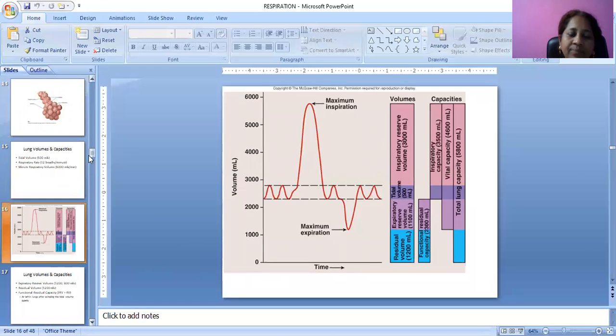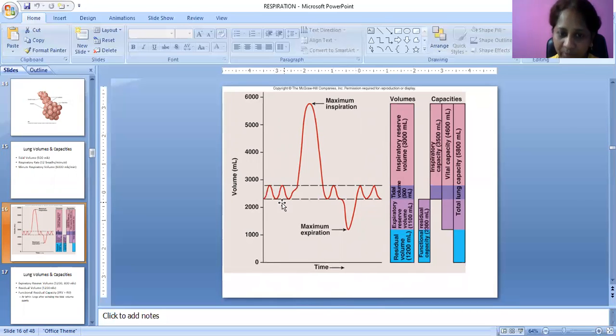In this diagram, we can clearly see that on the x-axis is time and on the y-axis is volume. Maximum inspiration will be near 6000.